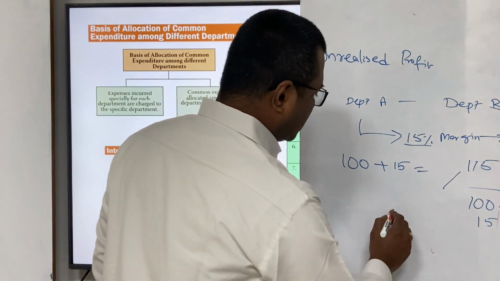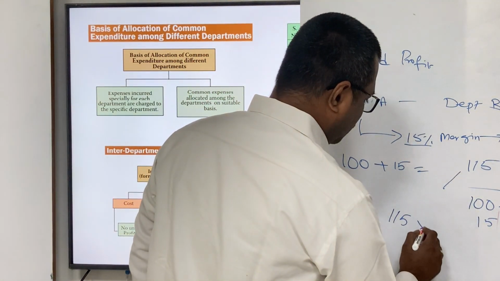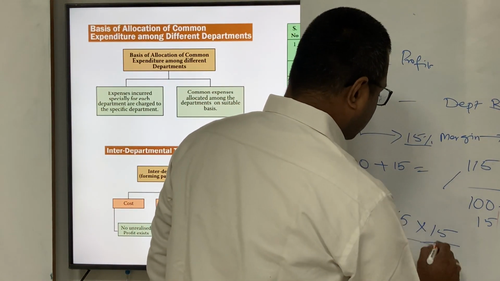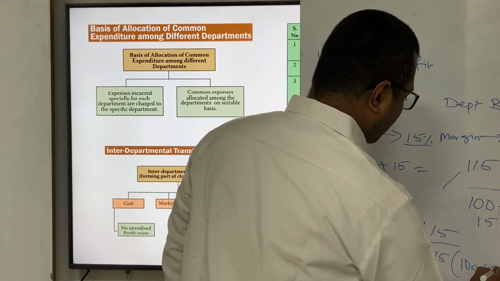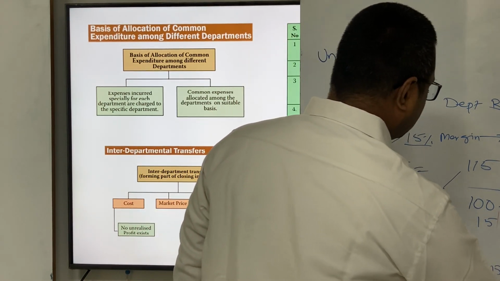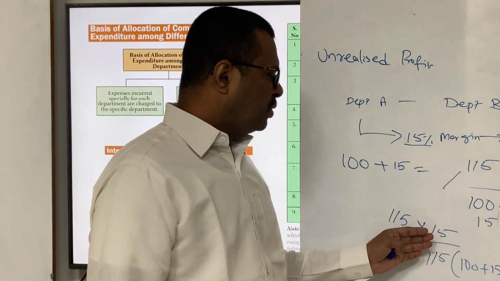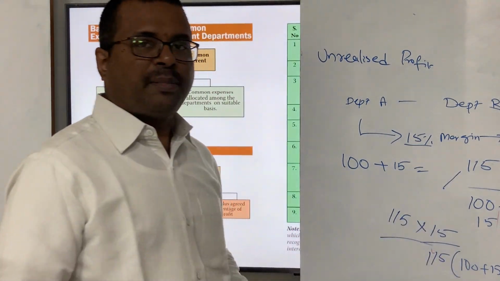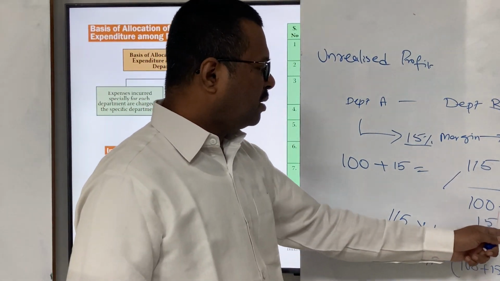So how you have to arrive is 115 rupees into 15 divided by 115, that means 100 plus 15. Then you will get this 15 rupees as the markup. Whatever may be the closing stock into markup value divided by 100 plus markup value, you will get the profit element in the closing stock, so that you can identify the stock reserve.